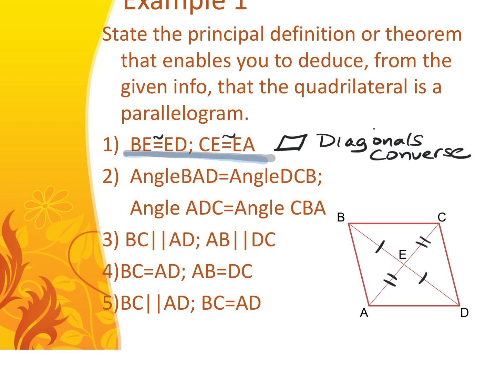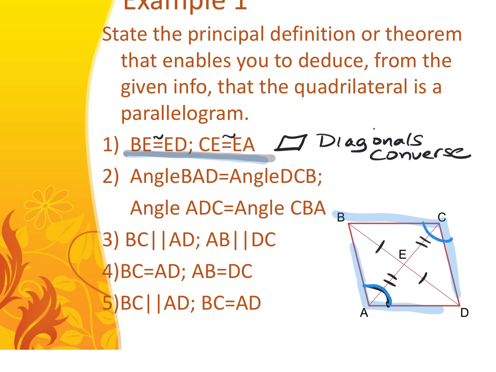For the next one, angle BAD, so this angle down here, is congruent to angle DCB, which is this one up here. These are opposite angles.